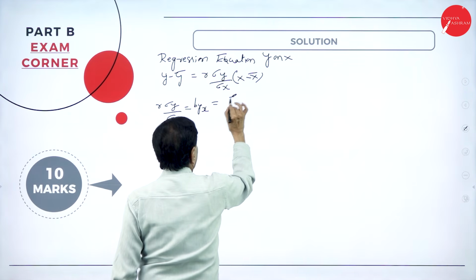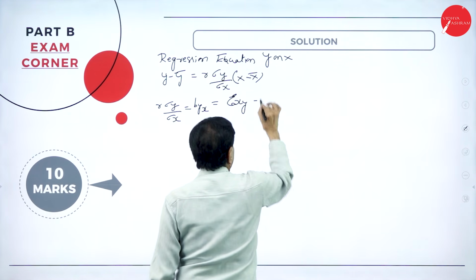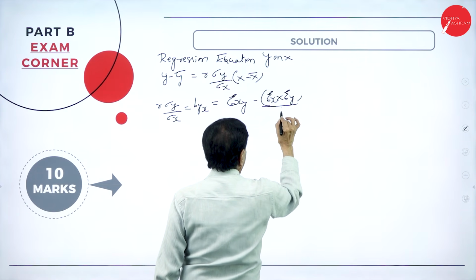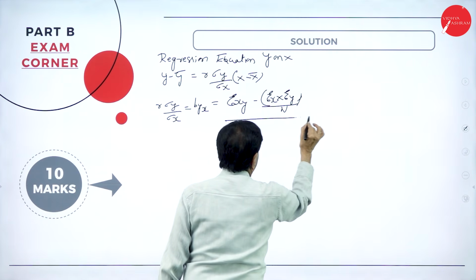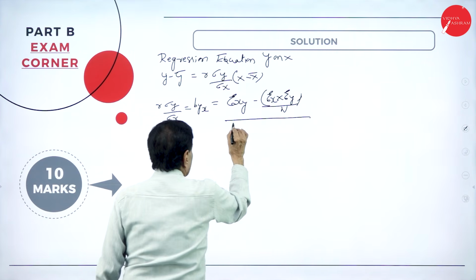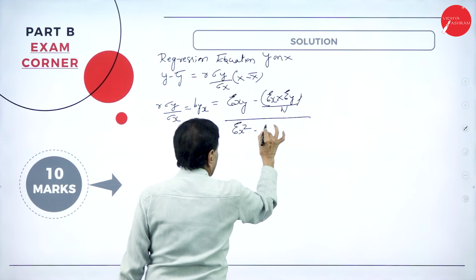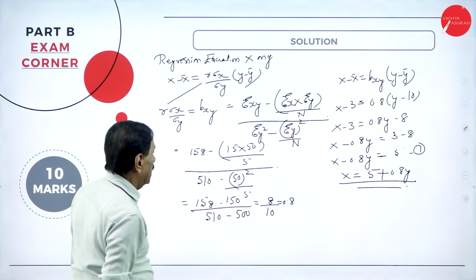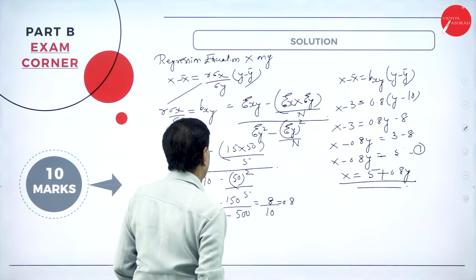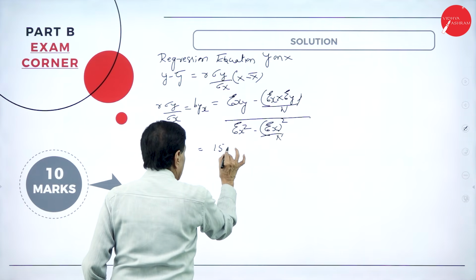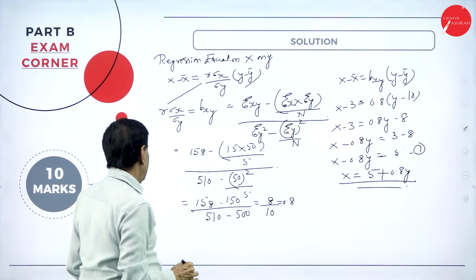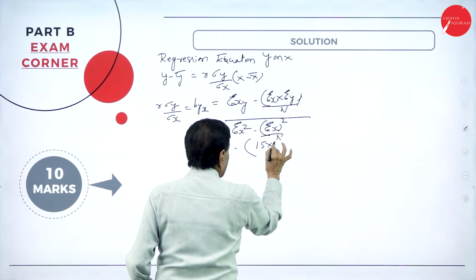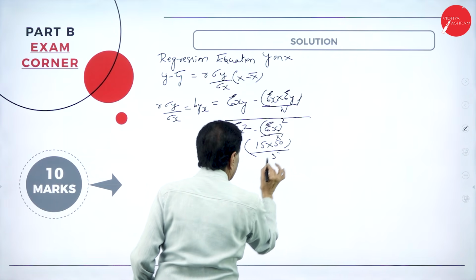Formula: sigma xy minus sigma x into sigma y divided by n, whole divided by sigma x square minus sigma x whole square divided by n. What is sigma xy? 158, minus sigma x is 15 into 50 divided by 5.